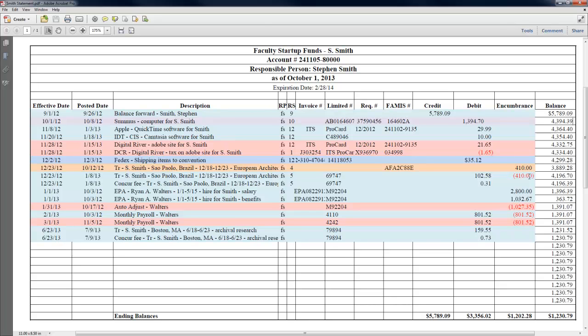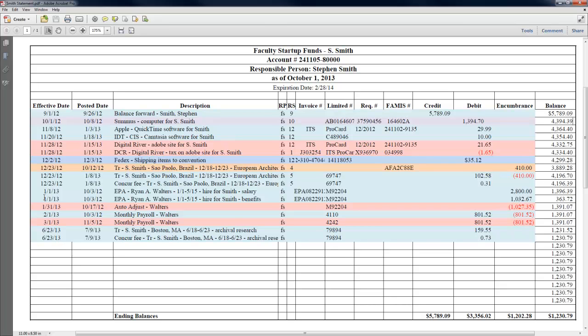So the full amount of the encumbrance was released, $410, and you can see these two things cancel each other out. Positive 410, negative 410. And the only thing that actually wound up coming out of his account was this $102.58 and the Concur fee for that trip, which is this 31 cents, and that Concur fee gets charged on every report that you submit in Concur.